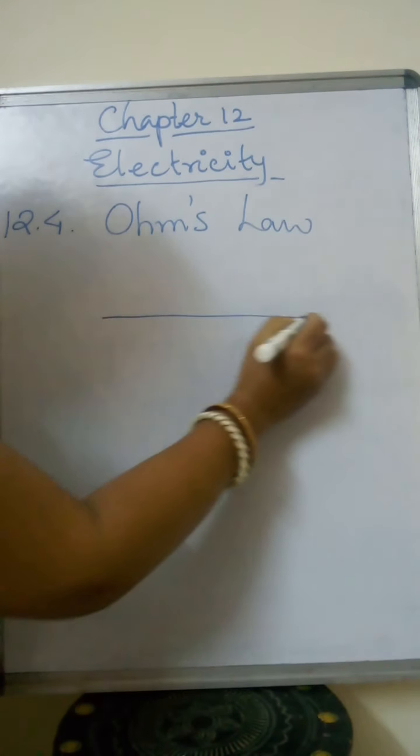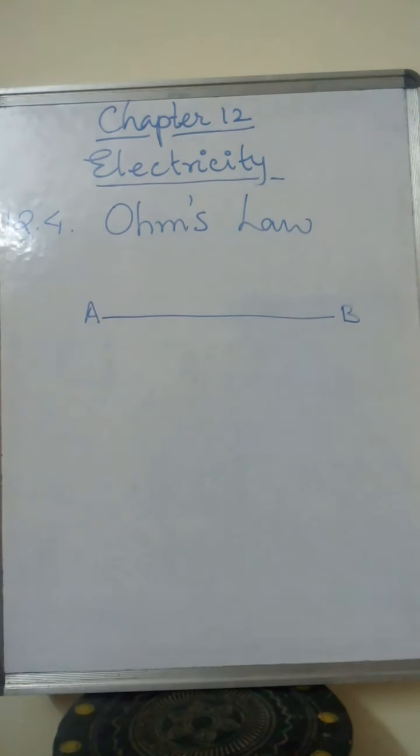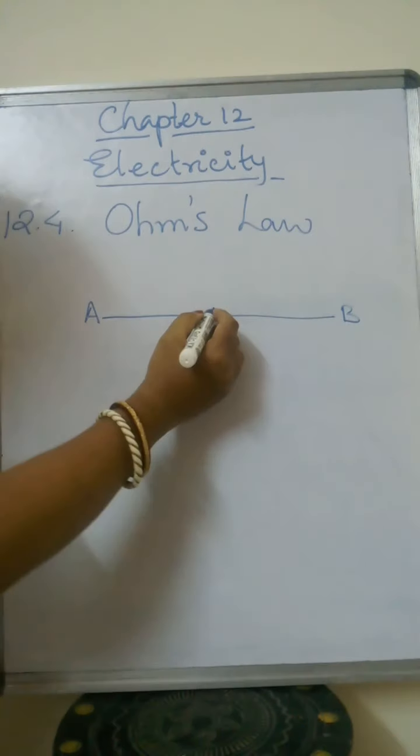Suppose, for example, I take 2 points. This is point A and this is point B. This is my metallic wire, or my conductor, AB. This is the current which is flowing.